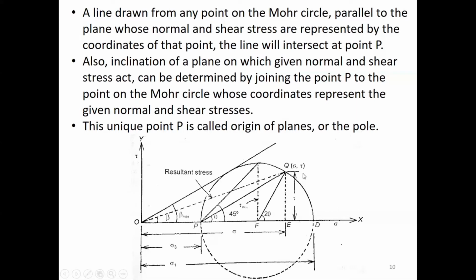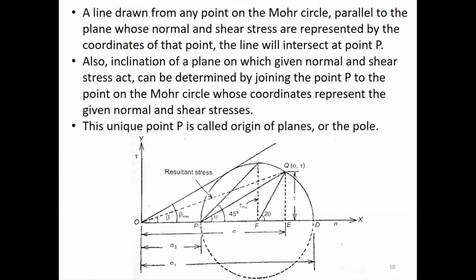You can do this backwards also. So you mark sigma and tau at that point and draw a line that passes through the pole. If you find the angle that line makes with the major principal plane, you can say that the system of stresses sigma and tau acts on a plane inclined at theta to the major principal plane. So this unique point P is called the origin of planes, or the pole.